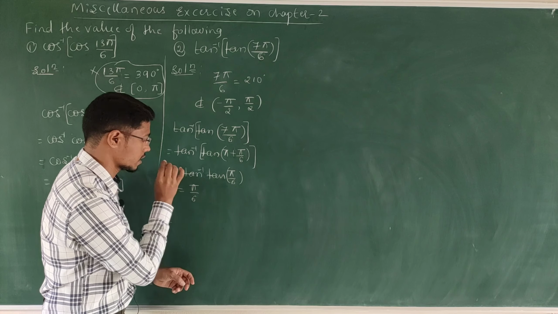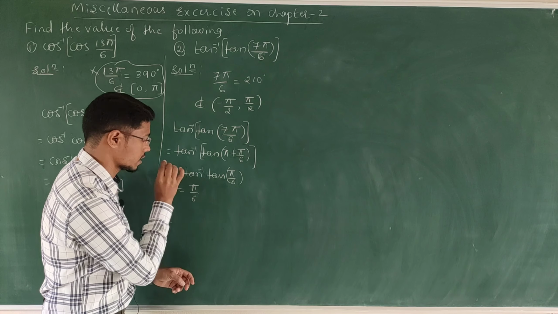LHS is 2 sin inverse of 3 by 5. First we have to convert this 2 sin inverse into a single sine inverse. For that use 2 sin inverse x is equal to sin inverse of 2x into square root of 1 minus x square. This is the formula I will use here.